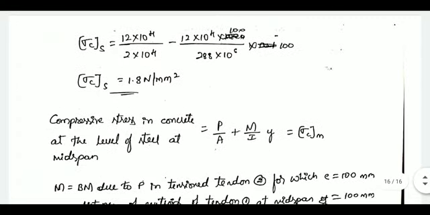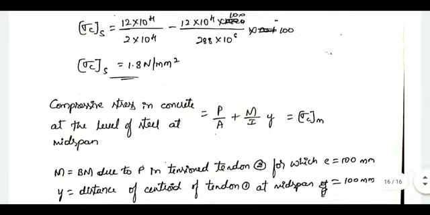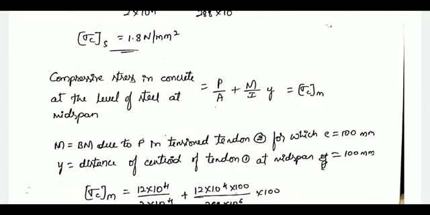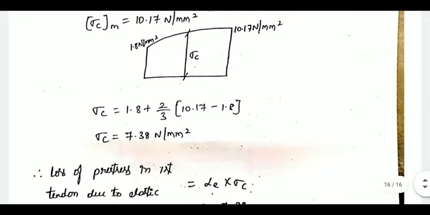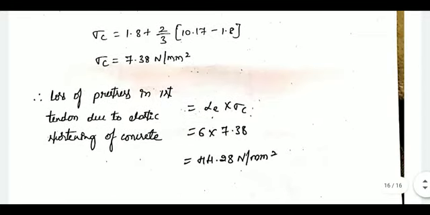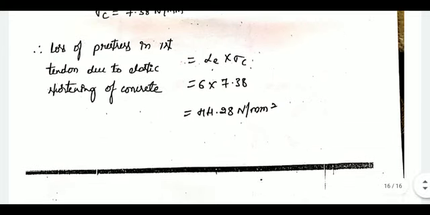At midspan, both are below the centroidal axis with an eccentricity of 100 mm. So we have sigma C at midspan. Calculate the average stress and loss of prestress.